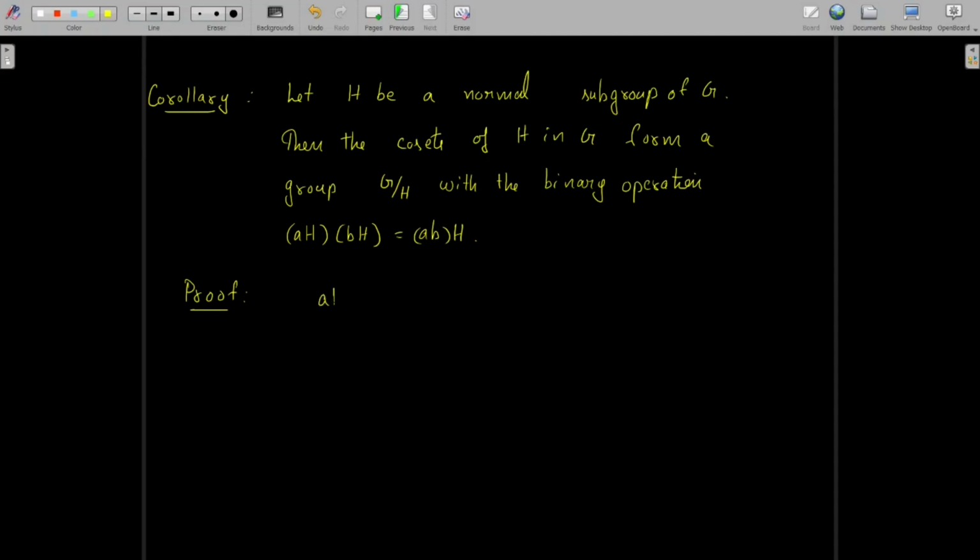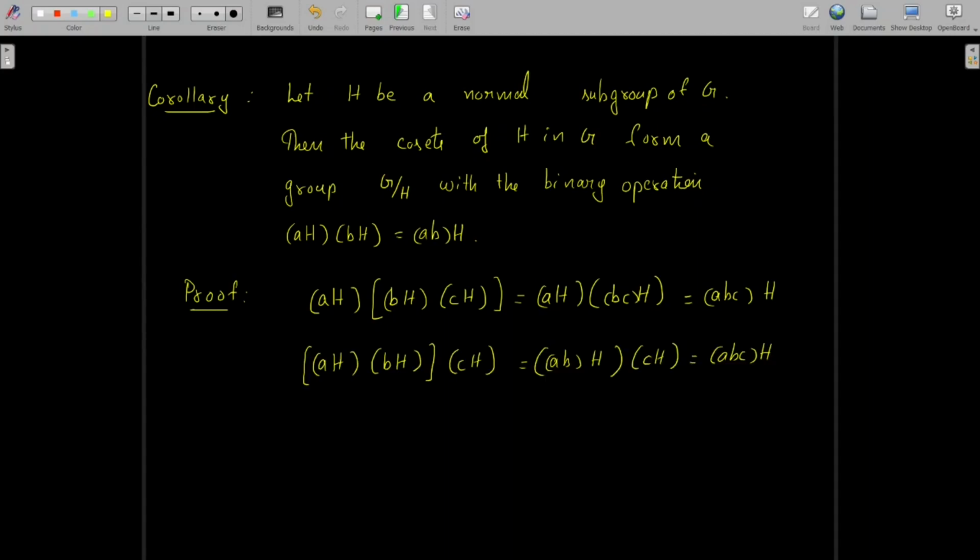So we will take three cosets AH, BH and CH. Now we will consider AH into BH into CH. So this can be written as AH into BCH by the operation defined here, which is equal to ABCH. Similarly, if you do AH into BH first, then we will get ABH into CH gives ABCH. So clearly the operation here is associative.